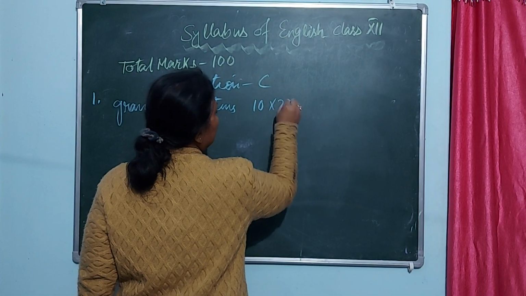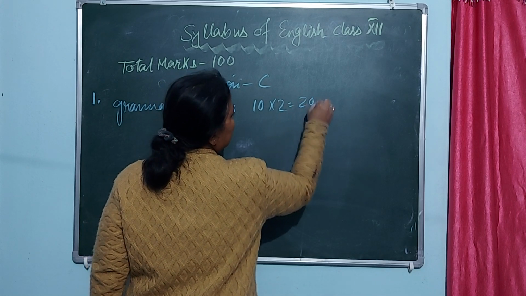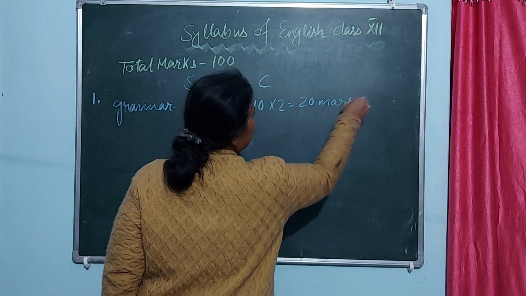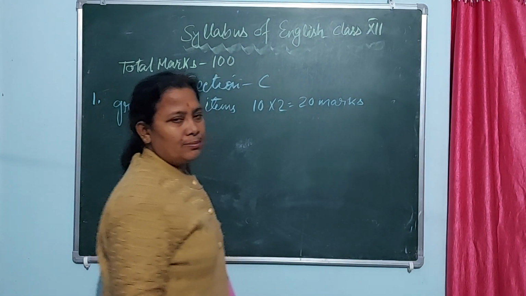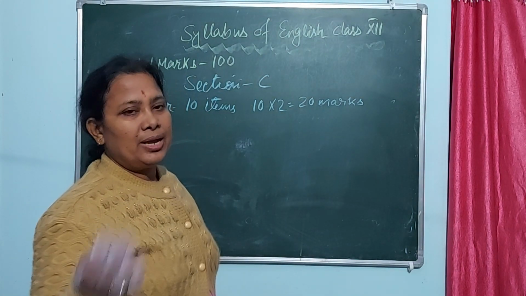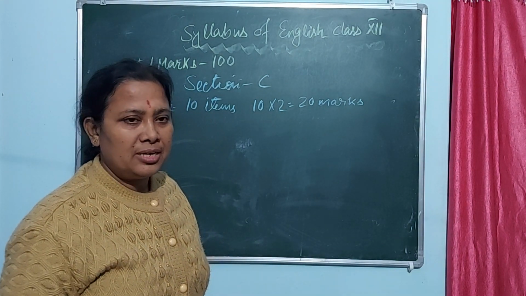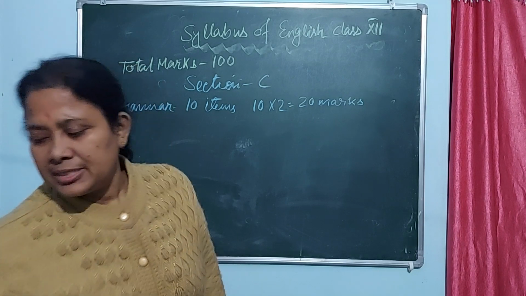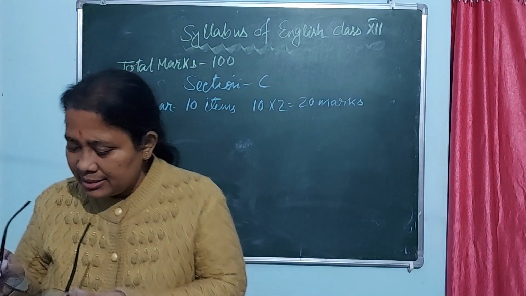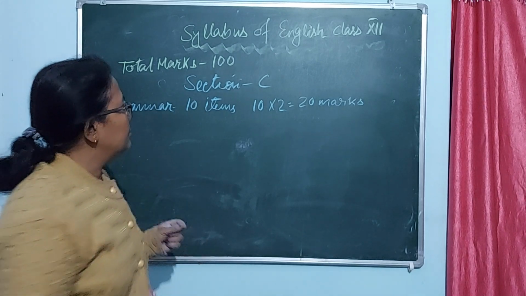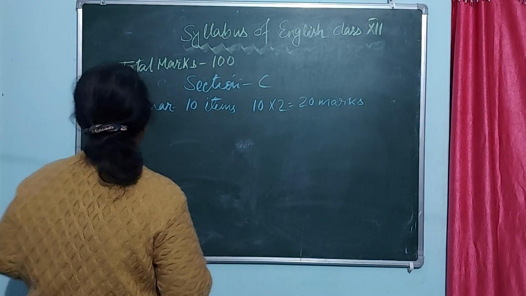Whatever will come, it will be 2 marks each, that is 20 marks. Suppose passive voice comes, then 2 marks will be there, passive to active, active to passive, or change the narration, or sentence change, simple sentence or complex sentence, whatever it is, 2 marks will be there.